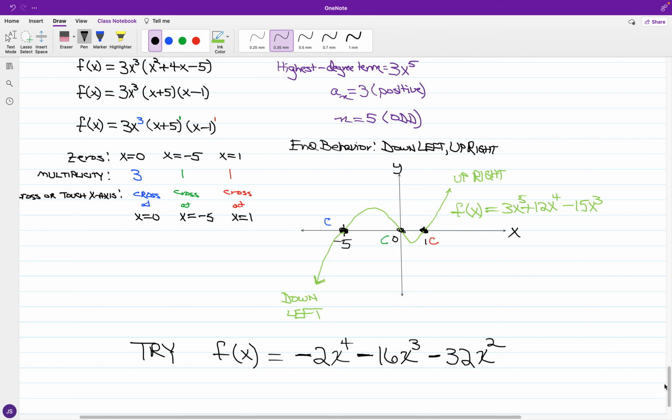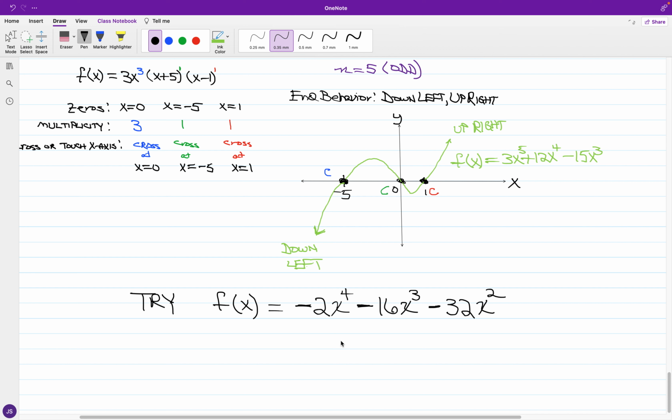Okay, so let's see what we get. In the case of f of x is equal to negative 2x to the fourth minus 16x cubed minus 32x squared.